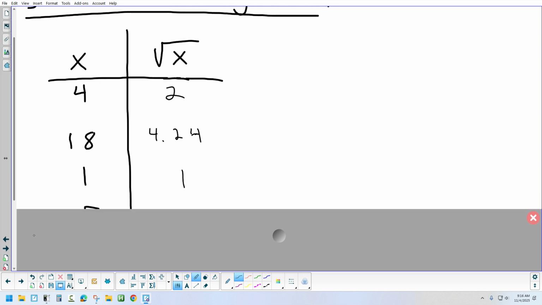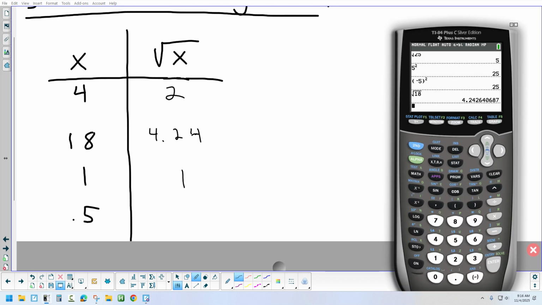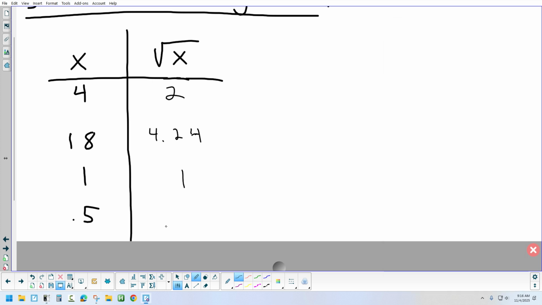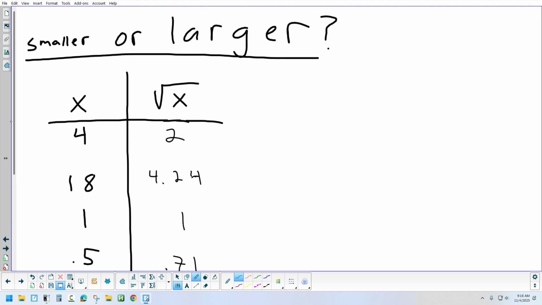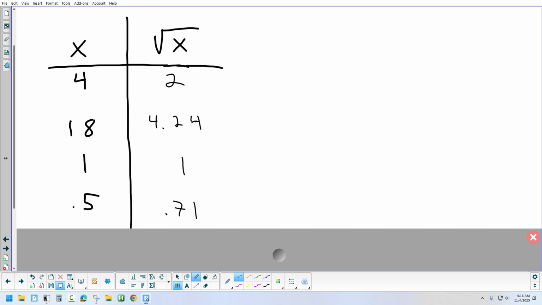Well, let's try taking the square root of 0.5. That's a fraction, 1/2. I got 0.71. What happened that time? It got larger. So the answer to the question, when you take a square root, does it get smaller, get larger, or stay the same? Well, it depends. It depends what kind of number you plug in for the square root.